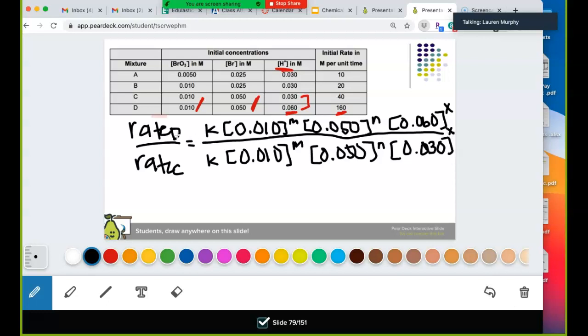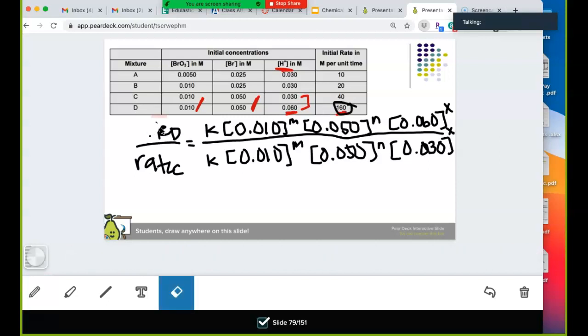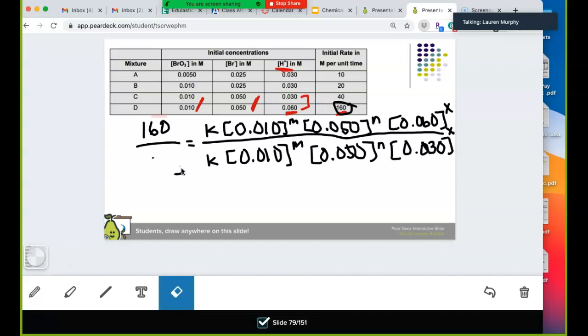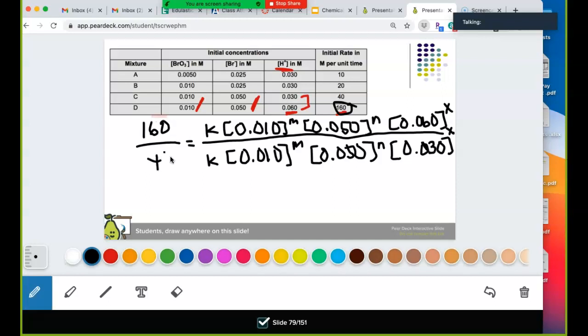And then let's plug my rates in. So my rate for D is 160. And my rate for C is 40. 160 divided by 40 is 4.